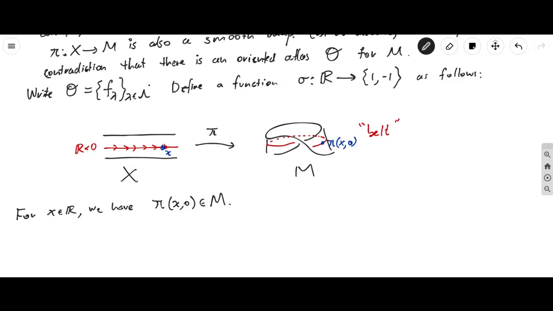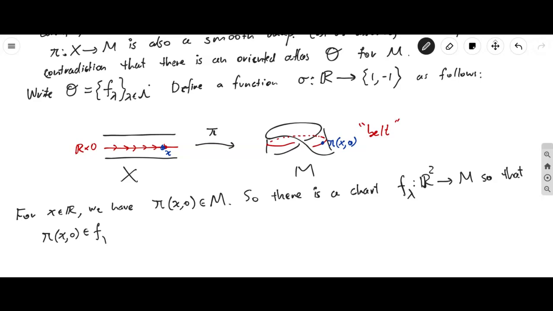And since we have an atlas, that means there's a chart that contains it. So there is a chart, let's call it phi lambda. Actually, I call those F, does not really matter. There's a chart F lambda from R2 into M, so that this point is in the image of that chart.